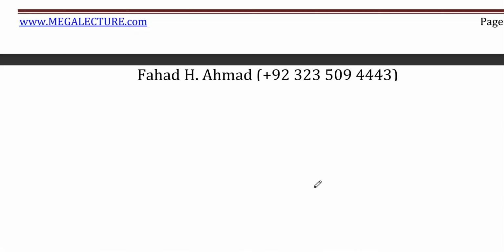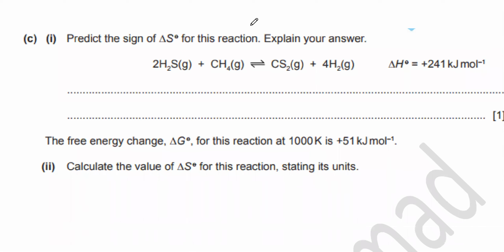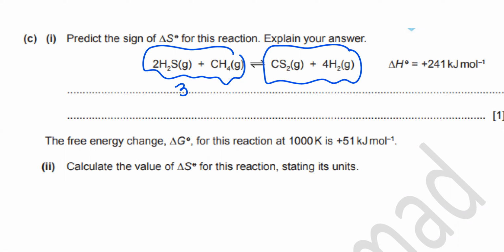So that's number one. Again, predict the delta S for this reaction. How many molecules? Positive, because more. Yep, and the reason is they're all gases, so the moles of gas increase.